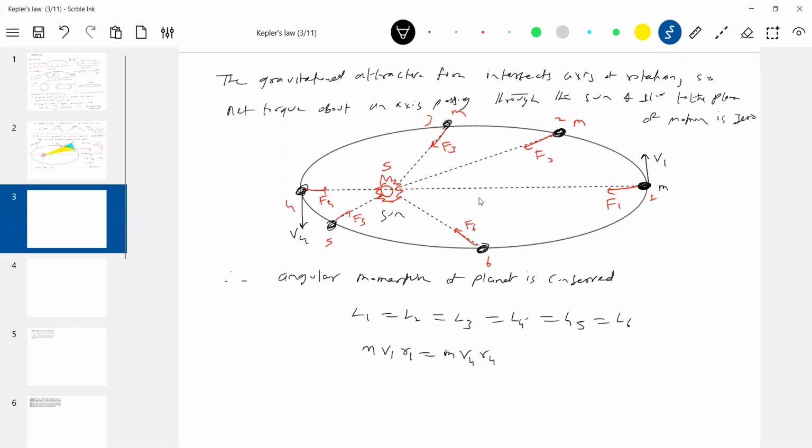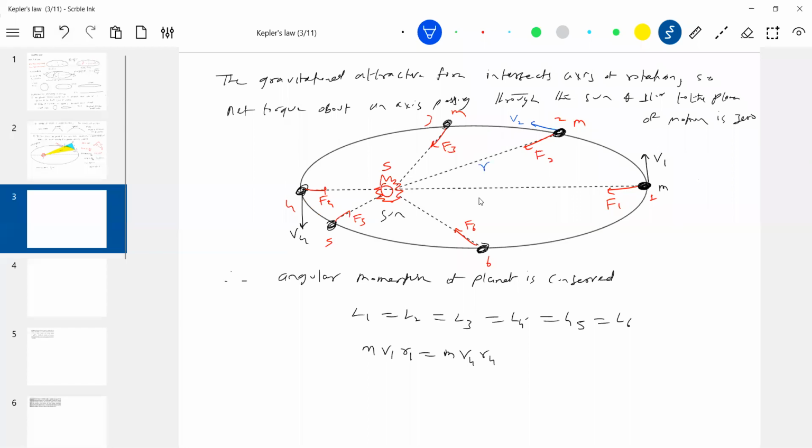But you can't write here M V1 R1 equal to M V2 R2, because what is the angle here? How will the velocity be at this particular point? Velocity will not be perpendicular to the radius vector, no? Please try to make observations.